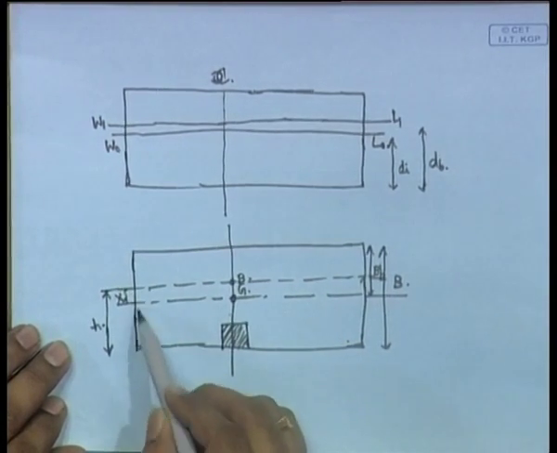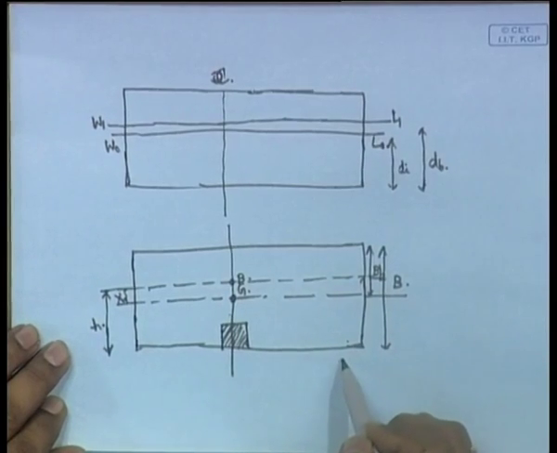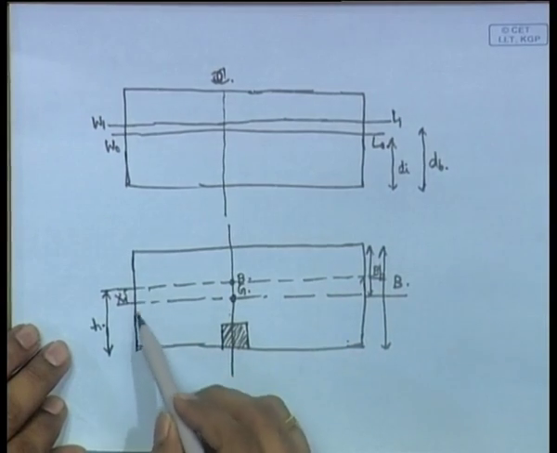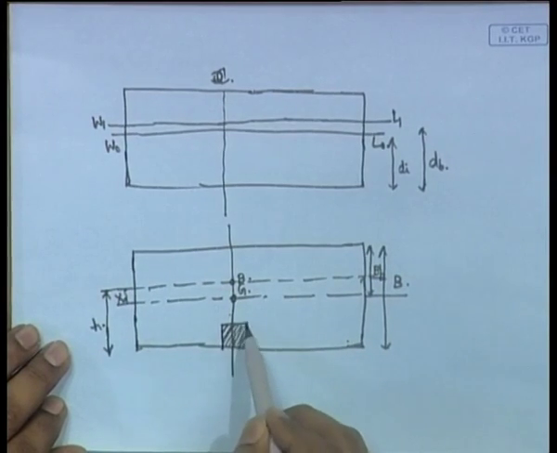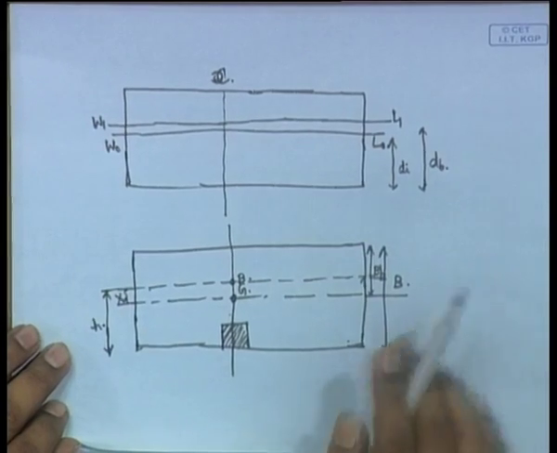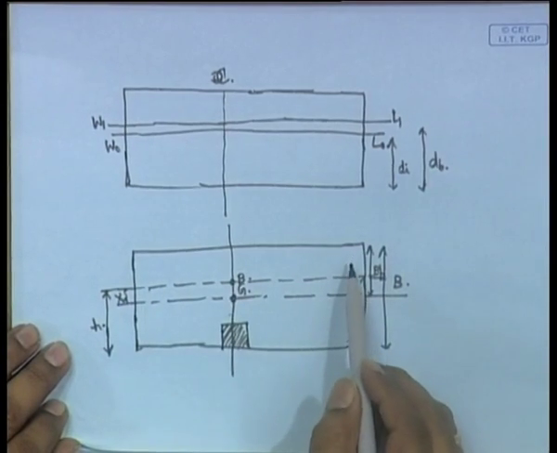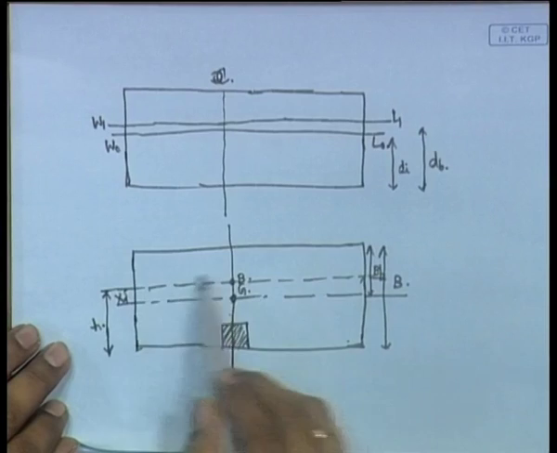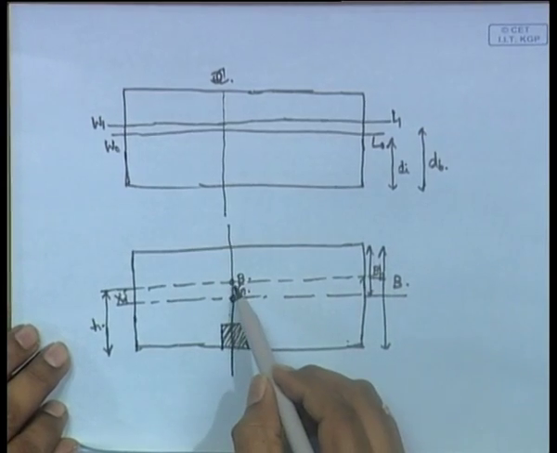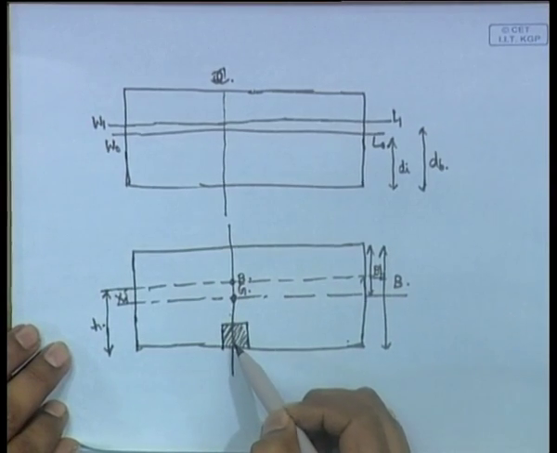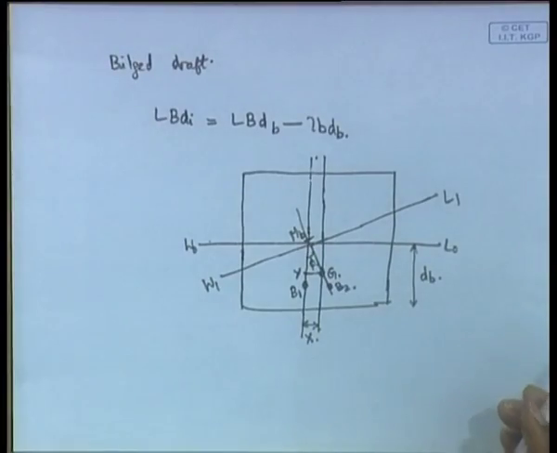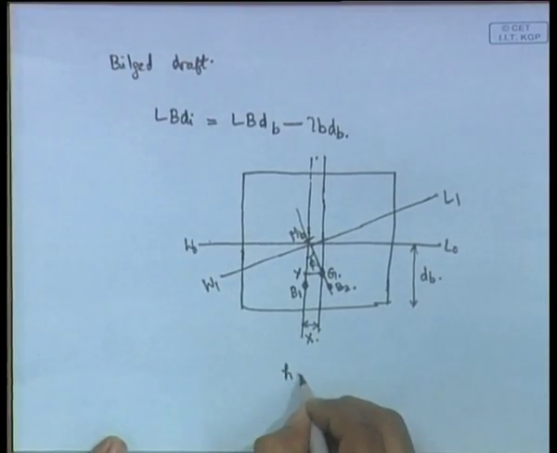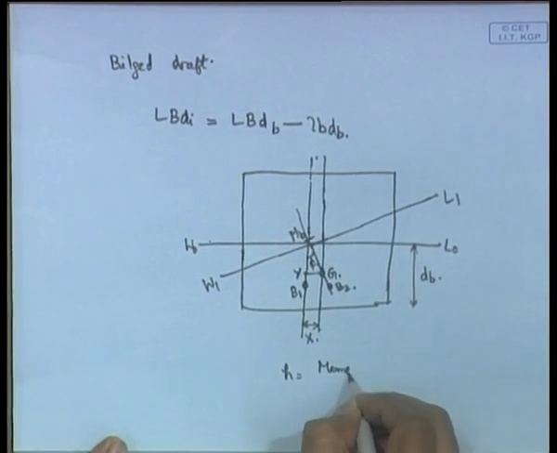So, sigma moment of area divided by sigma area, that means this whole area moment minus the moment of this area, divided by the total area, that will give you the net centroid of this area, that will give you the position of this B from this end. Okay. So, this h will be given by the moment of area.